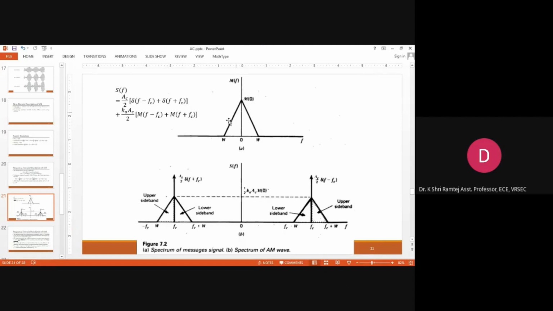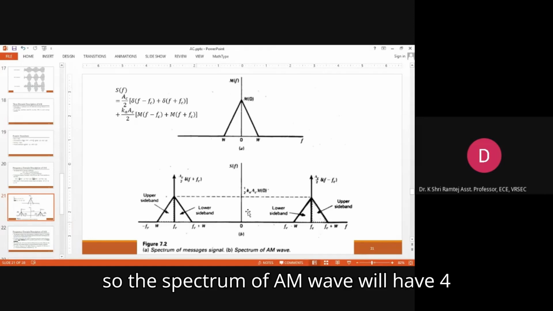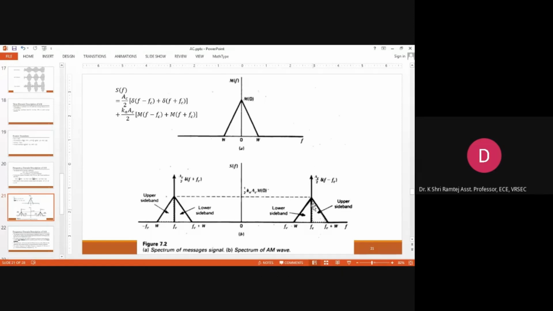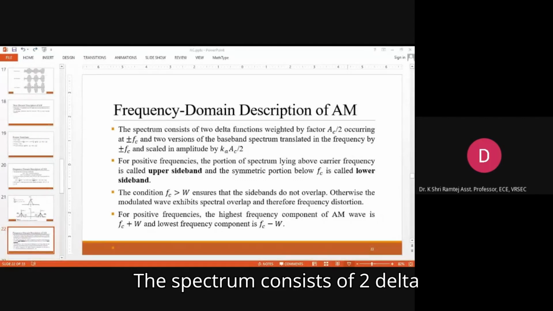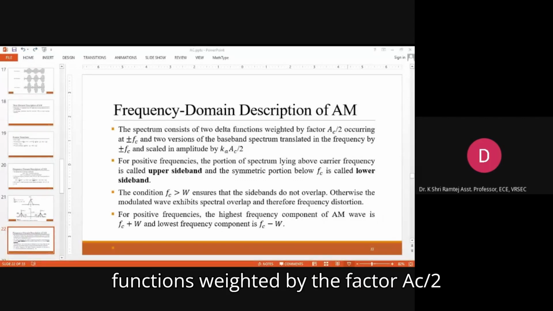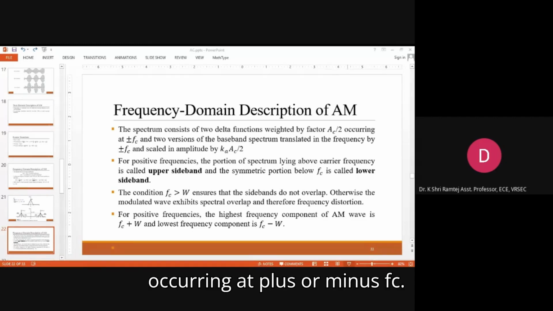So if this is the spectrum of the message signal, the spectrum of the AM wave will have 4 terms. First one is delta of f minus fc. The second one is delta of f plus fc. The third term is M of f minus fc, and the fourth one is M of f plus fc. The spectrum consists of 2 delta functions weighted by the factor Ac by 2, occurring at plus or minus fc.